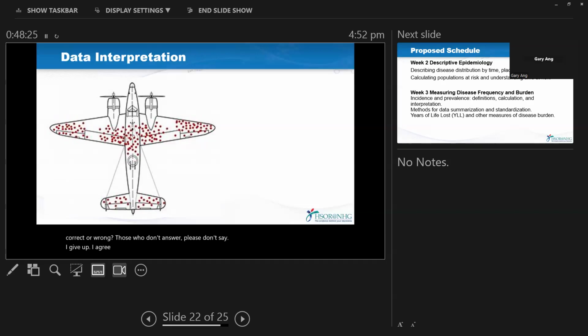These are planes that came back to the base, and they found that there are a lot of red bullet holes. In the context of a war environment, a lot of aircraft go out, and these are the aircraft that come back. They say, okay, I realize all these planes have a lot of holes in this area. Let's reinforce this area so that if they get hit, they will survive. Is it a correct interpretation? Why not?